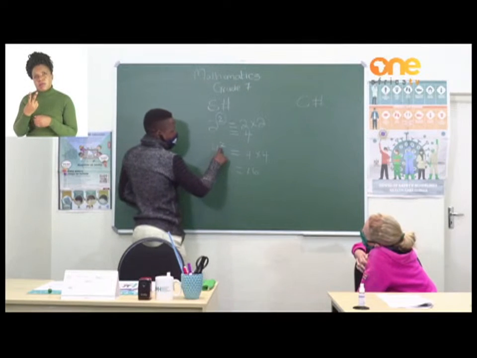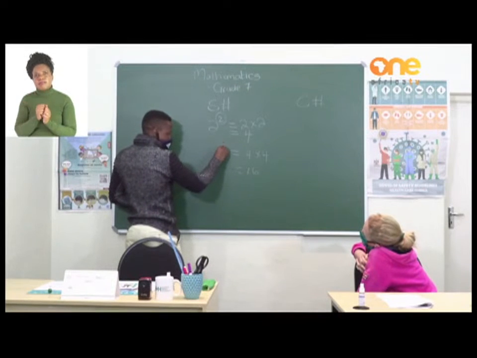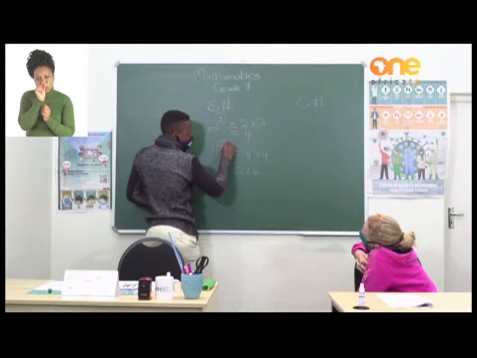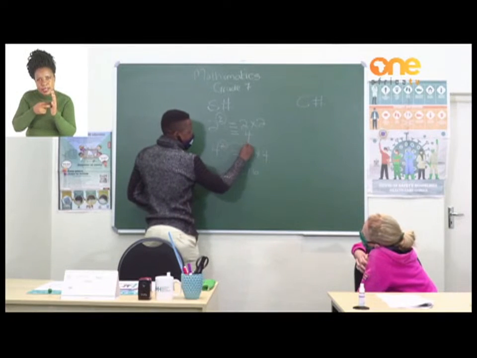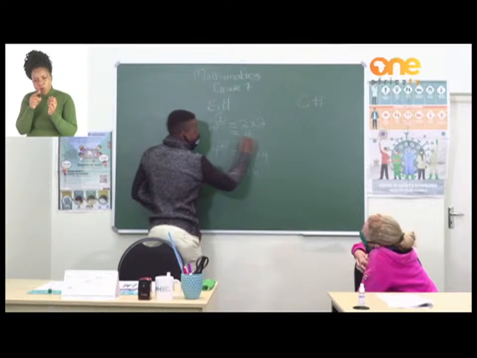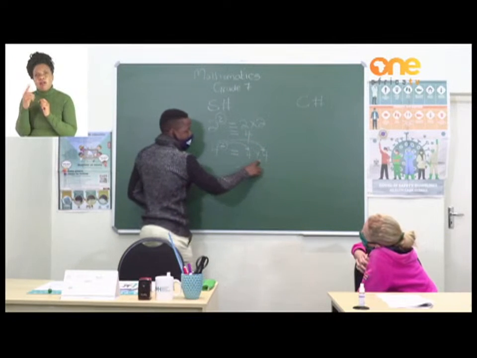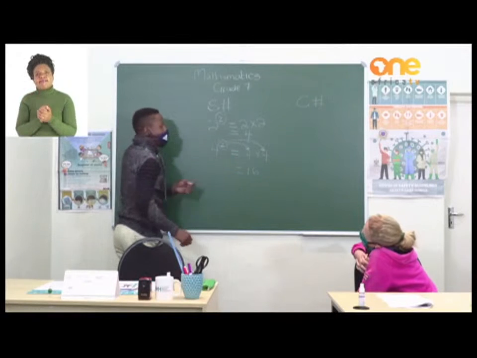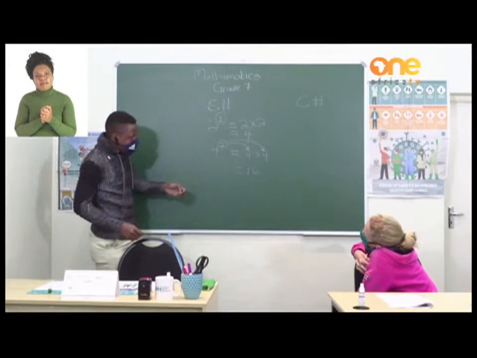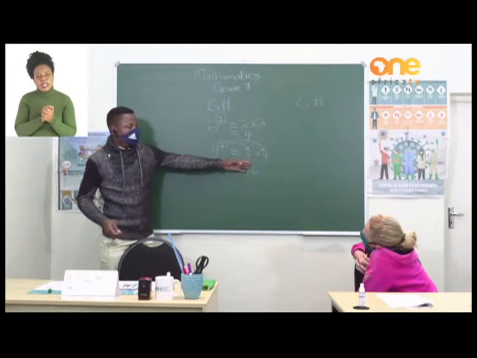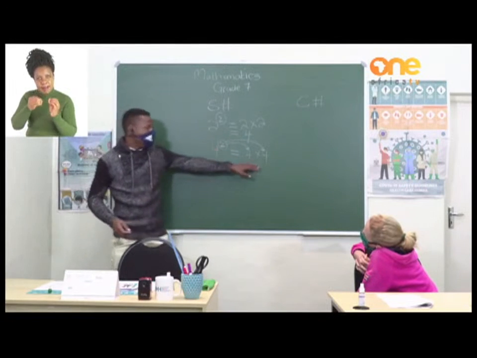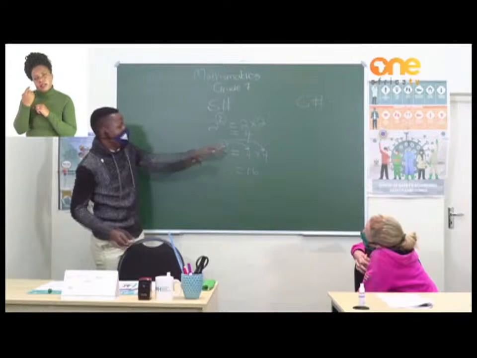So this 2 here shows you that you have 4 two times, given that we have to multiply. It's a number multiplied by itself, so that number has to appear twice. That's why we have a power 2 here.